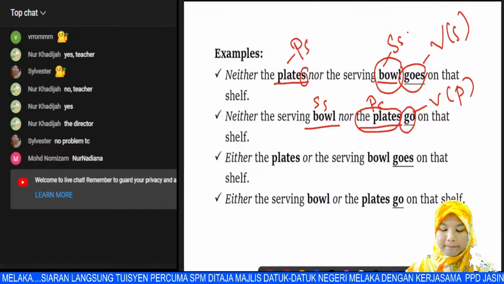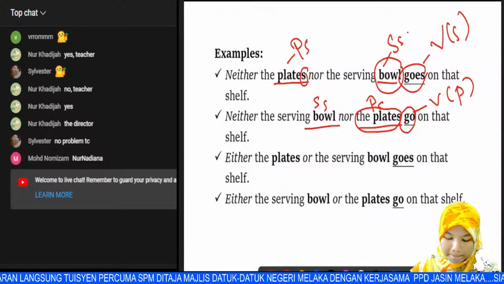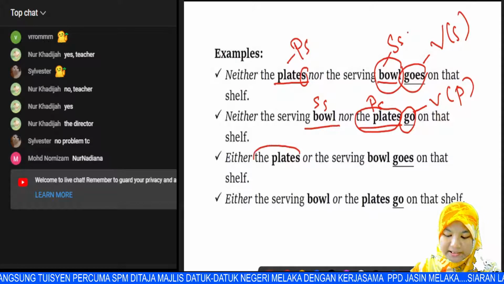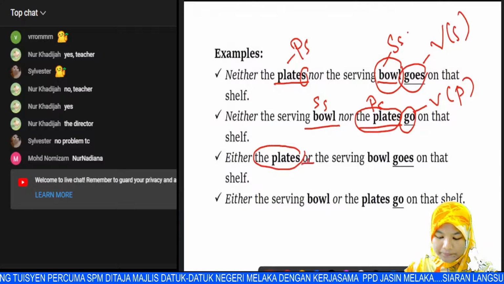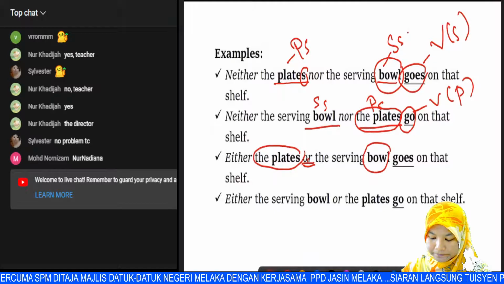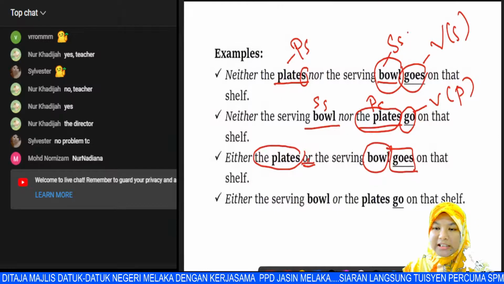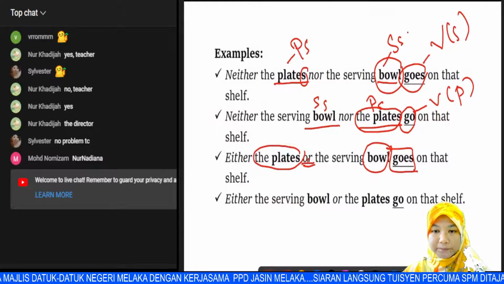Either the plates, again I use the same subject, the plates, or the serving bowl goes on that shelf. It still applies the same rule here.